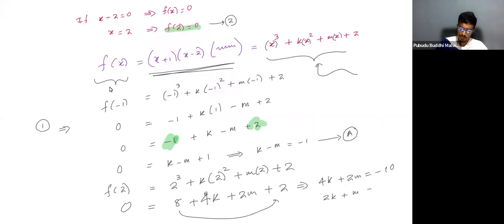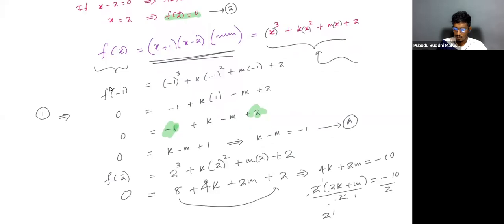If that is confusing, take 2 out as a common factor. Then you will get 2 times 2k plus m equals minus 10. Then divide both sides by 2. 2 and 2 can cancel. 2k plus m equals minus 5.